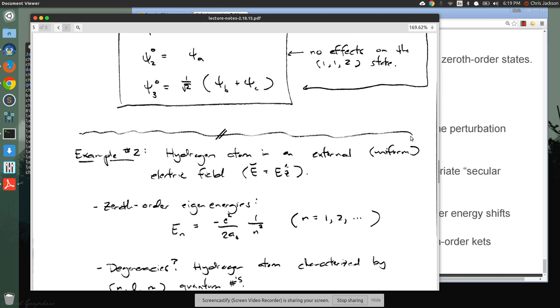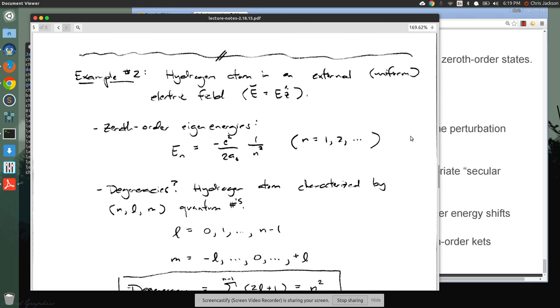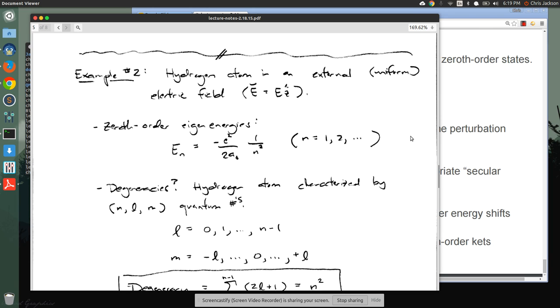Okay, so what I want to do today is look at the first excited state. And so the first question we want to ask is, do we have any degeneracies for excited states?